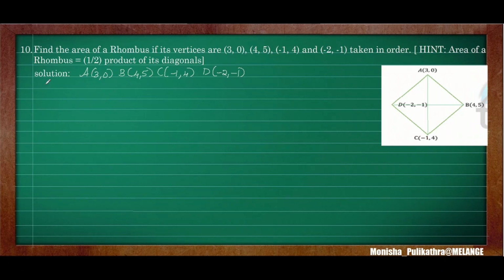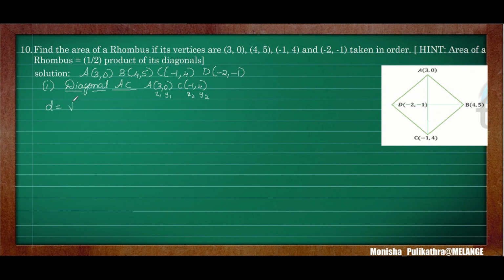Okay. So first, diagonal AC. First we will calculate diagonal AC. Here A is 3, 0 and C is -1, 4. So this is x1 y1 and x2 y2.